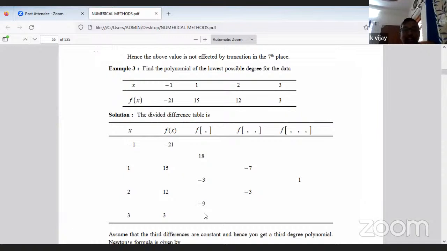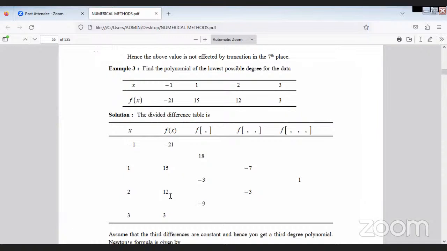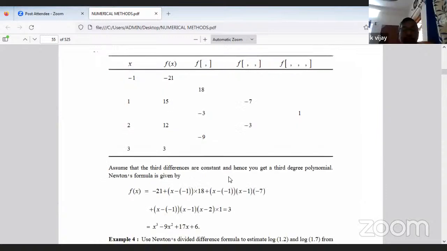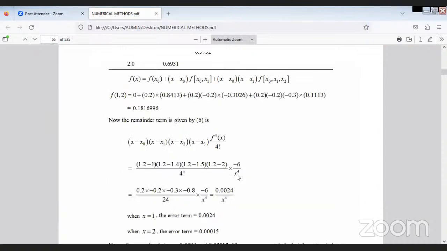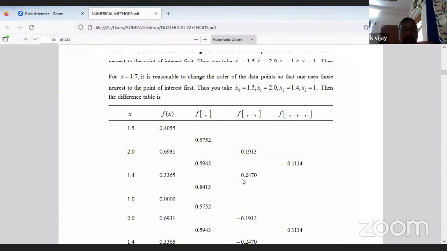Understood? Apply the same method to it. This is the same as the example given, you have to practice.